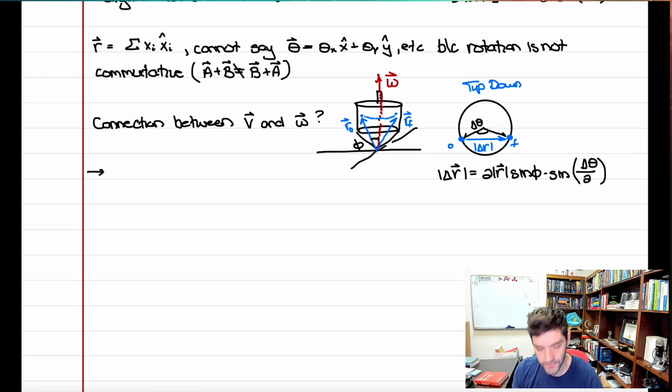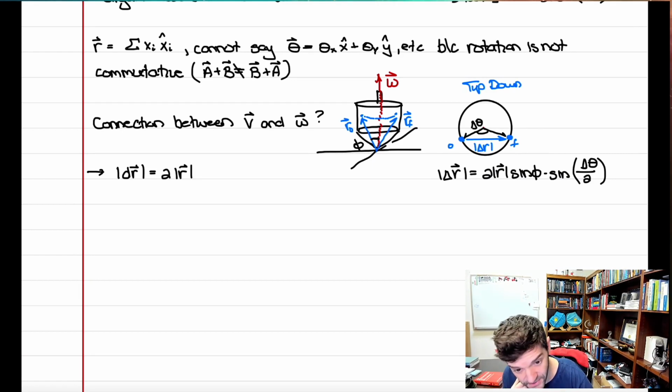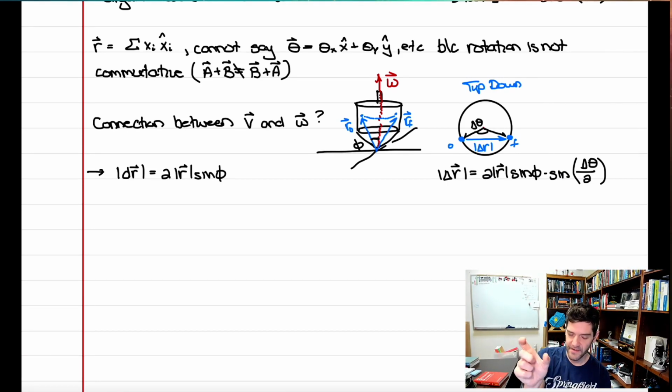So let's do this in the calculus limit. This becomes dr on the left-hand side. You've got 2, you've got r, that hasn't changed and doesn't get small. Sine of phi doesn't get small. But then you've got sine of d theta over 2, so you've got the sine of a tiny, tiny angle.